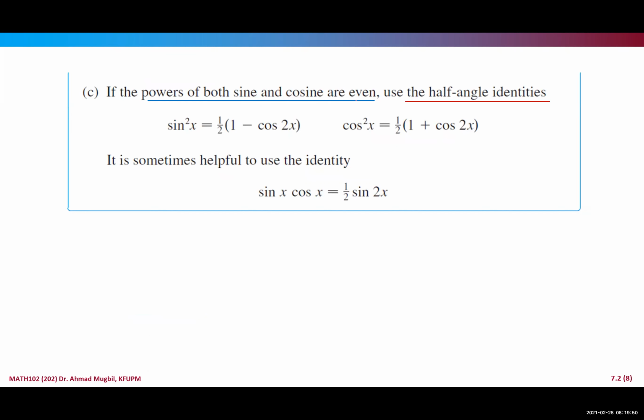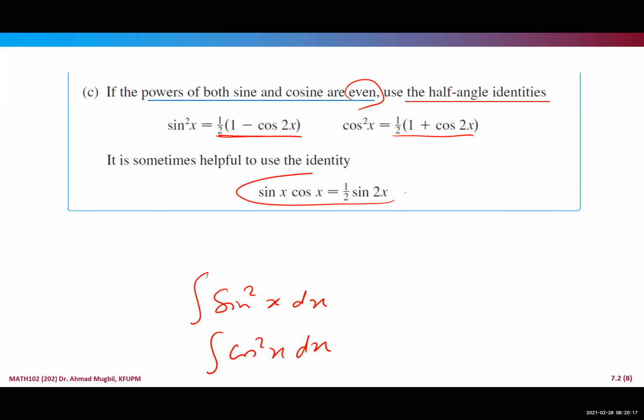If both powers are even now, this is the only case that we have left. We know what we will do if both are odd or one of them is odd. What about if both of them are even? If both of them are even, you need to use these identities, the double angle identities, or reducing the power identities. If you remember, the same as we did for the integral of sine squared dx and the integral of cosine squared dx previously.